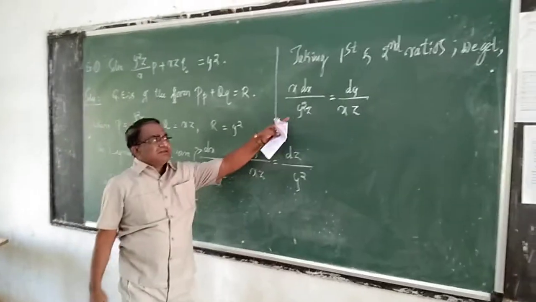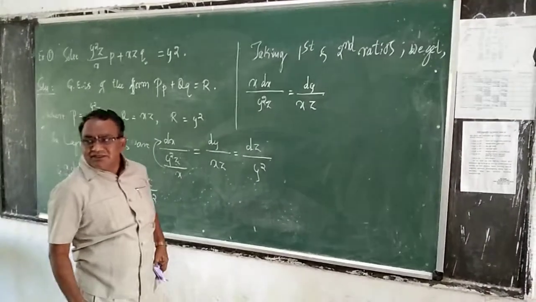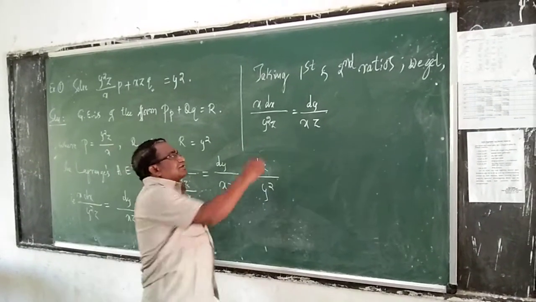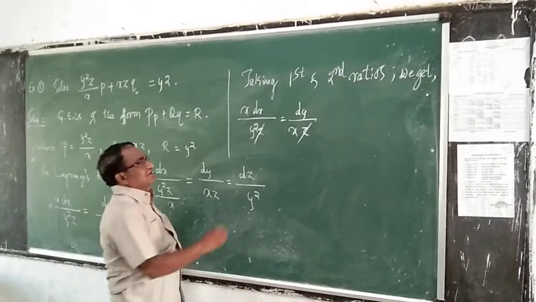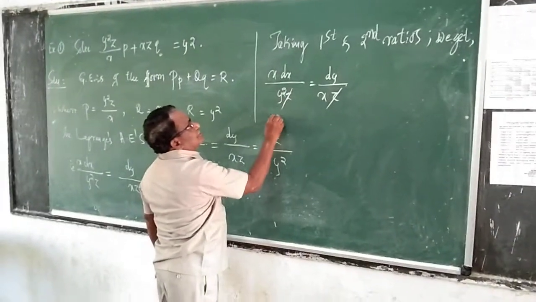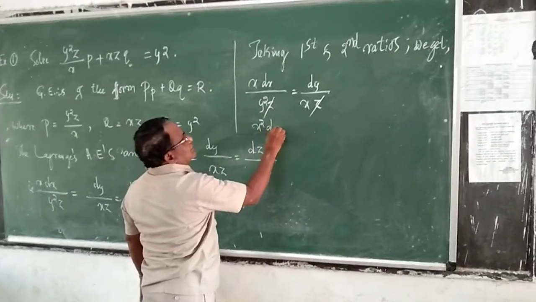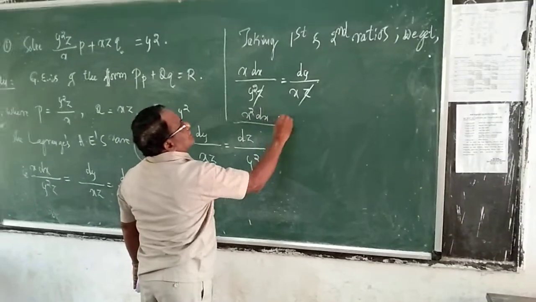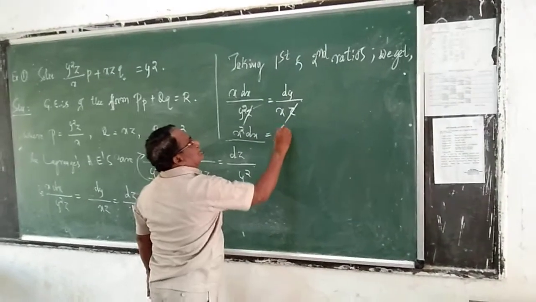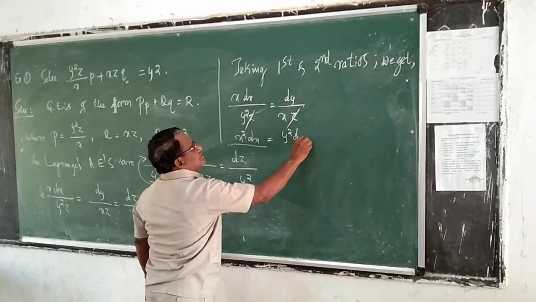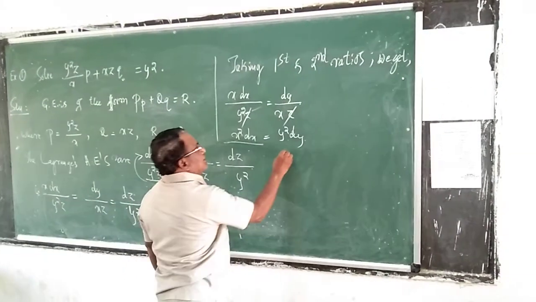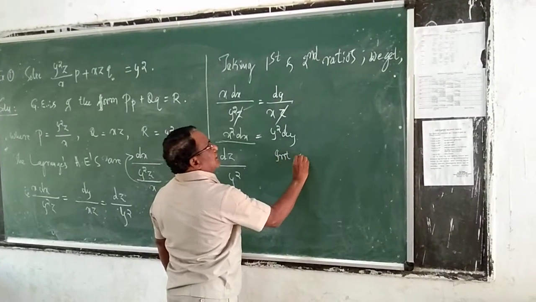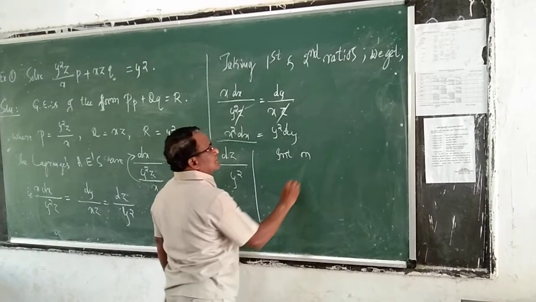These are the first and second ratios. And here you can observe z cancels. x into x is x squared dx is equal to y squared into dy on cross multiplication. And integrating this on both the sides.